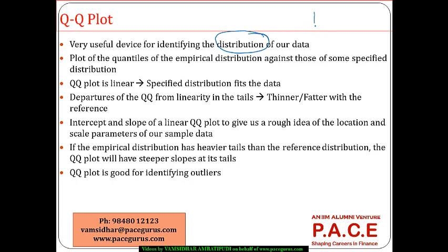Right? Probably I have data, and I want to see whether it fits a normal distribution, or whether it would fit a log normal distribution or some other distribution. Now, how do I know which distribution is more appropriate for the data?